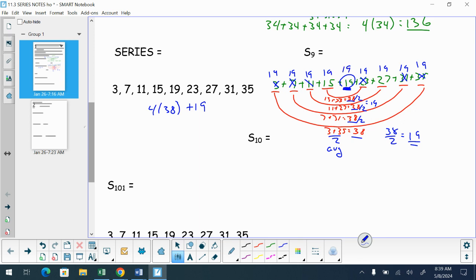So really, what we are adding together, we can manipulate this into 19 being added together 9 times. Well, mathematically, rather than clickety-clacking our calculator, 19 plus 19 plus 19 plus 19, we can also write this as 9 times 19.